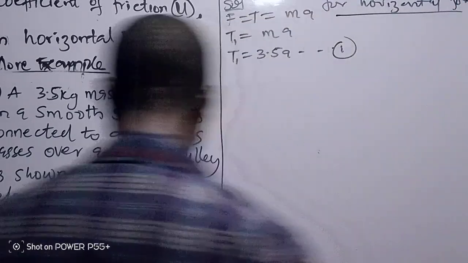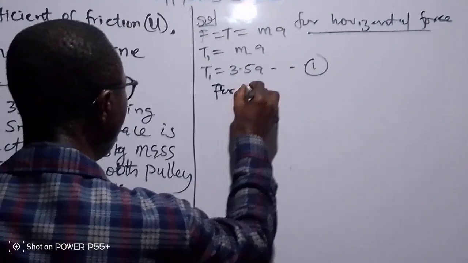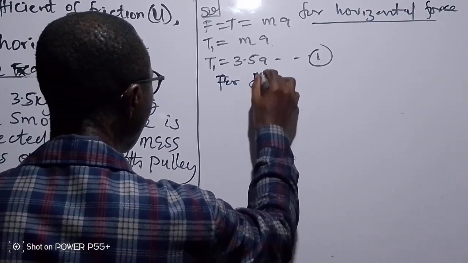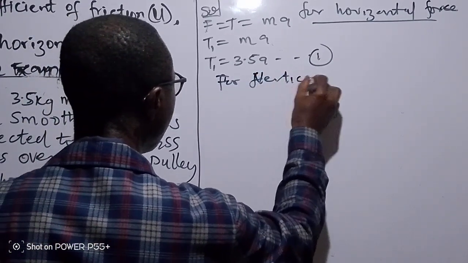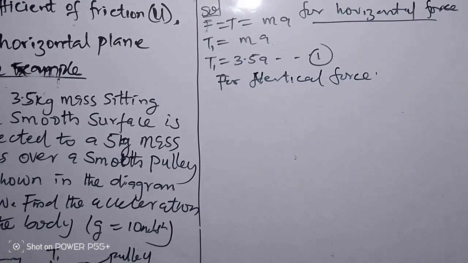Now, to take it for the vertical force, you consider this one and this one. So the weight of the body is moving down, the tension is going up, and it must accelerate.